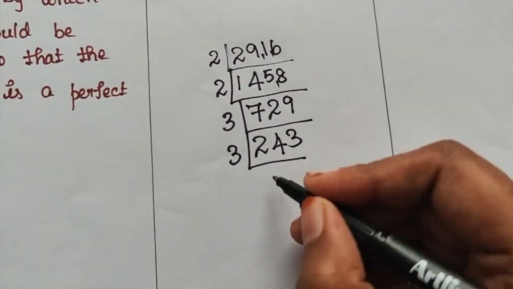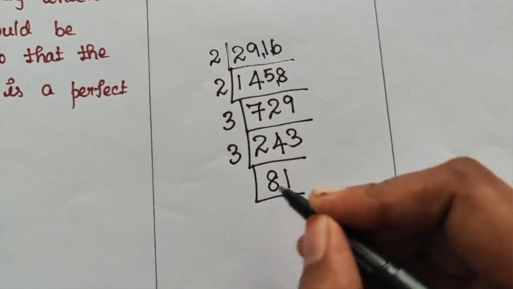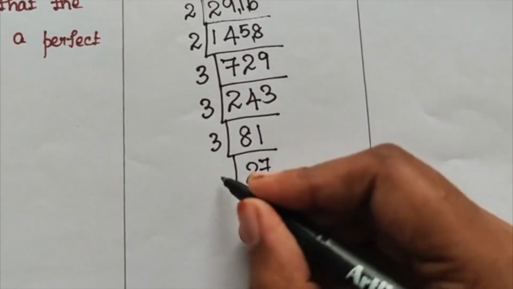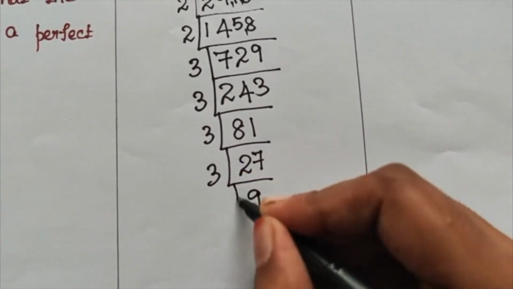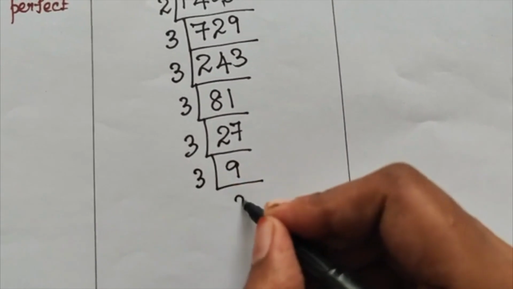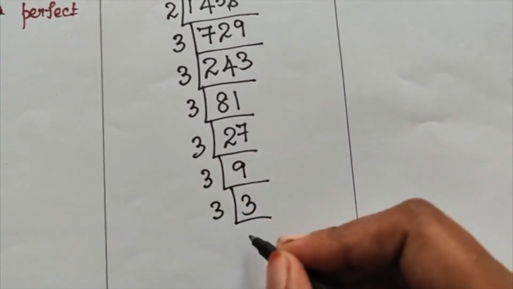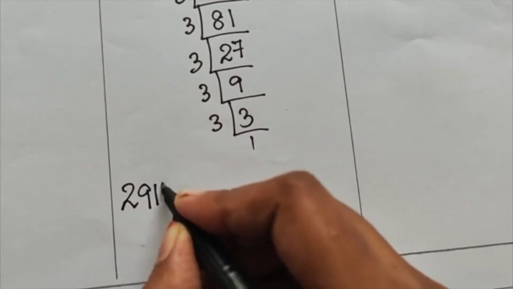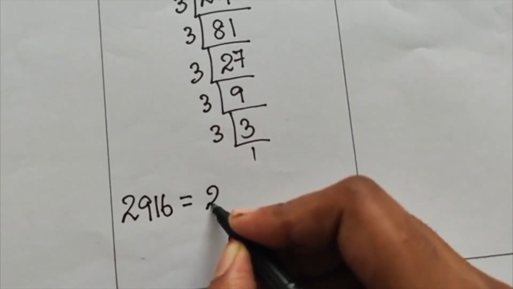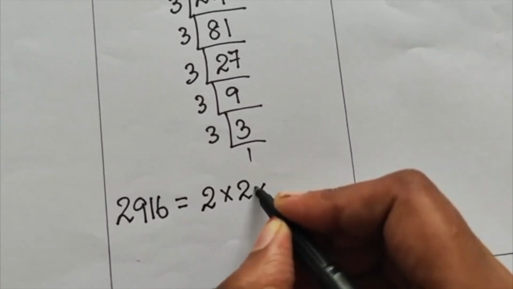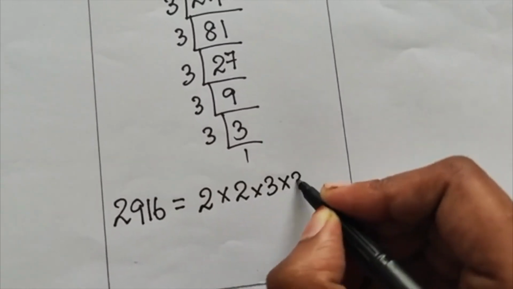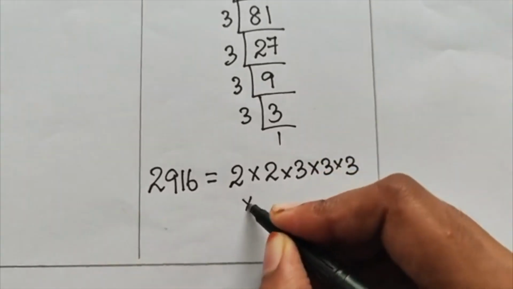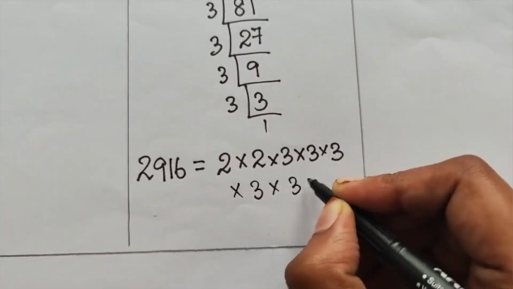Again the 3 table, 81 times. Again the 3 table, which is nothing but 27 times. Again the 3 table, it is 9 times. Again the 3 table, 3 times, 3 table, 1 time. So we can write 2916 can be written as 2 into 2 into 3 into 3 into 3 into 3 into 3 into 3.